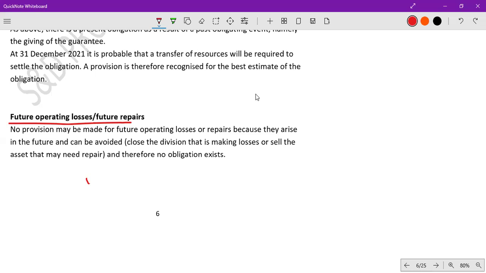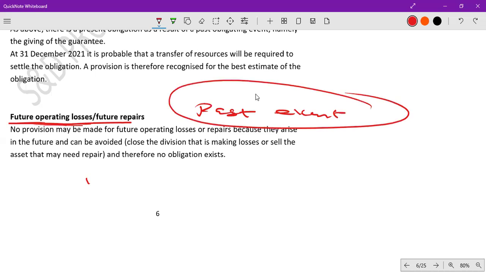Okay, so do we make provision for future operating losses or future repairs? The answer is no. Why? We said a provision is a present obligation as a result of what? A past event. Did he say future events? No. Because the future, you don't know what will happen.